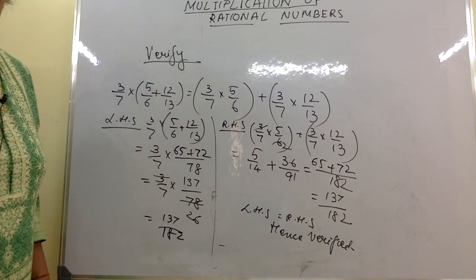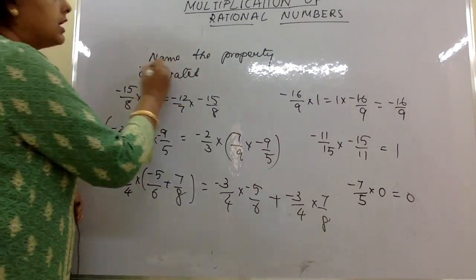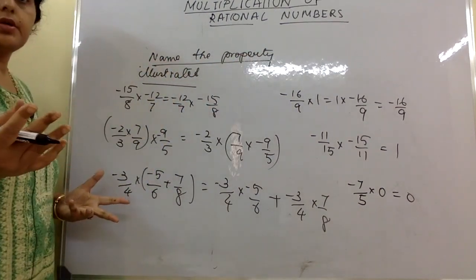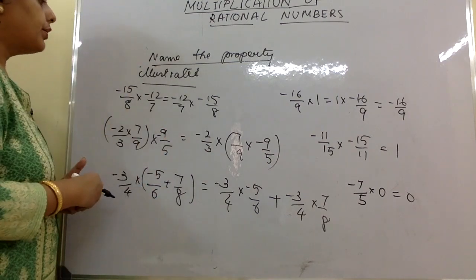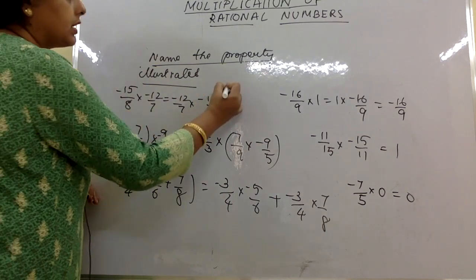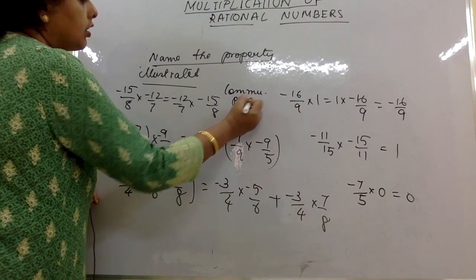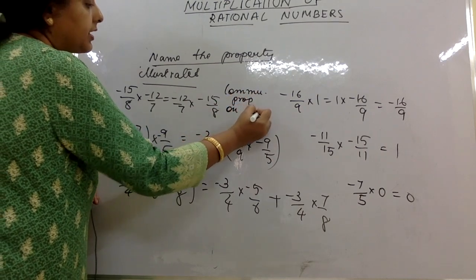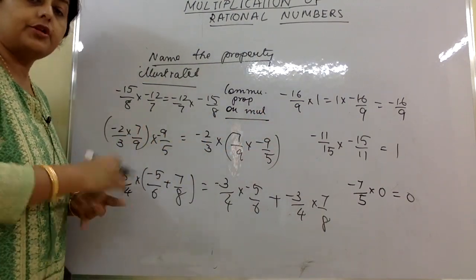Okay, now here I have 5 sums on the board, and they are saying name the property illustrated. Okay, which property has been shown by these statements? Okay, A by B, note them, is equal to B into A, that is commutative property on multiplication. Please mention the word multiplication because you have commutative for addition also.